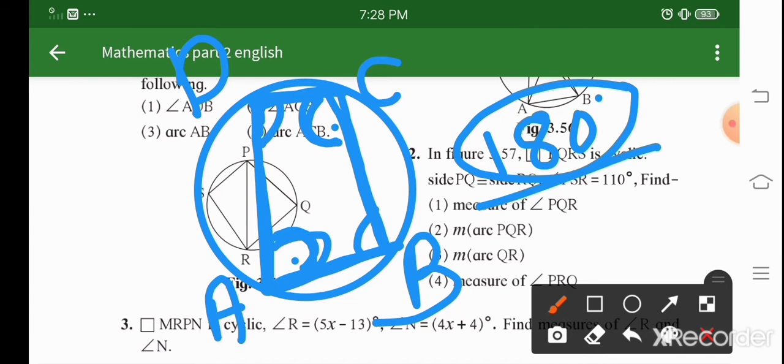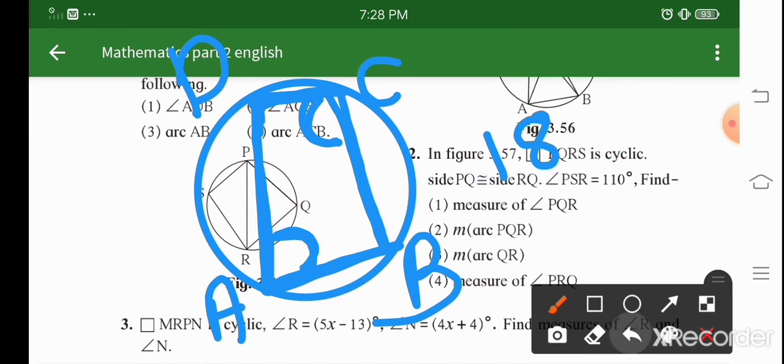So what is the next property? This is one of the first properties. The second property is about an exterior angle of a cyclic quadrilateral. This is a cyclic quadrilateral, and can you see this exterior angle? This one, this, and this. Let me show you again, just wait. See, this angle, this, and this is the exterior angle.